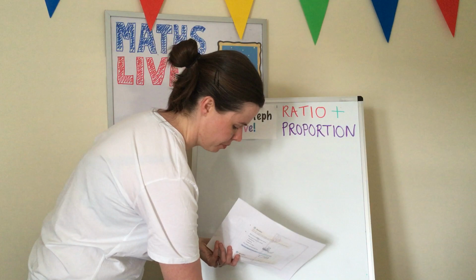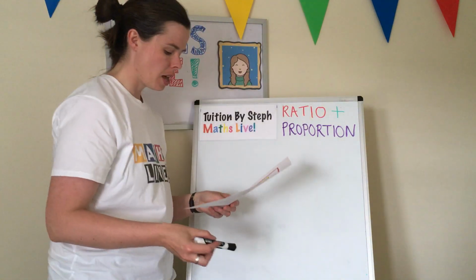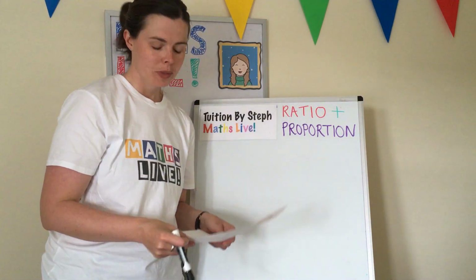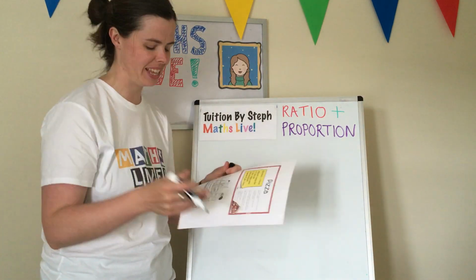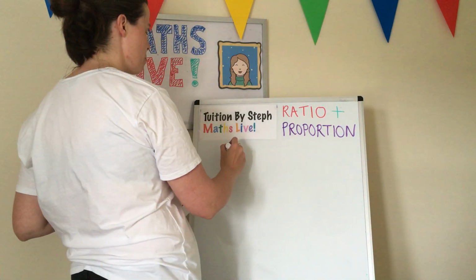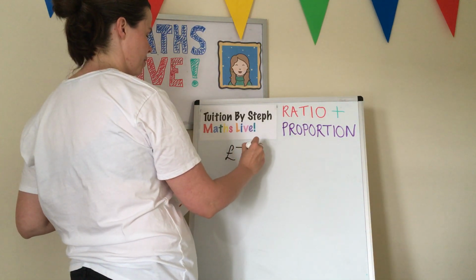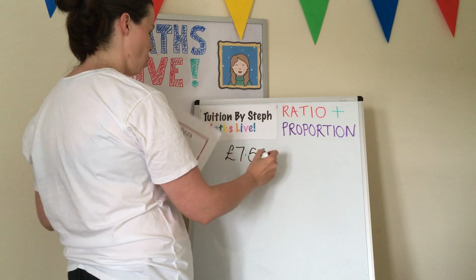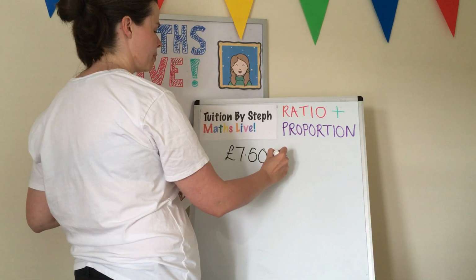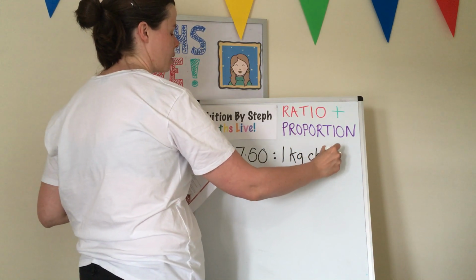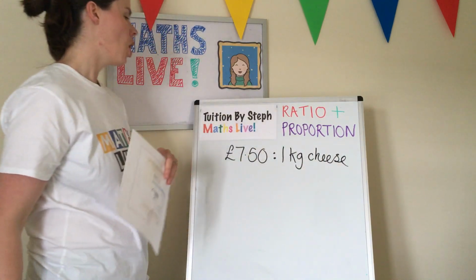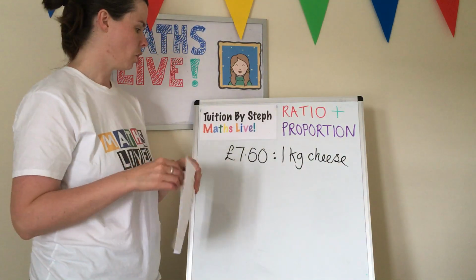Last question. Okay. In a shop, cheddar cheese costs £7.50 for 1 kilogram. So in the shop, 1 kilogram of cheese costs £7.50.